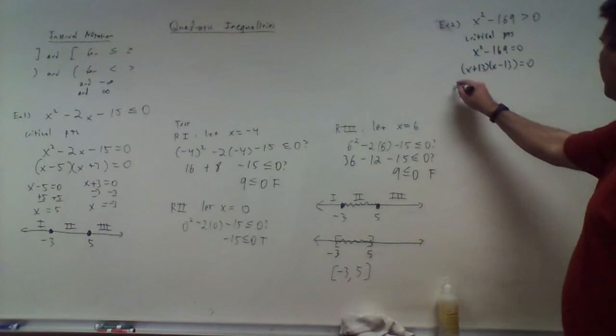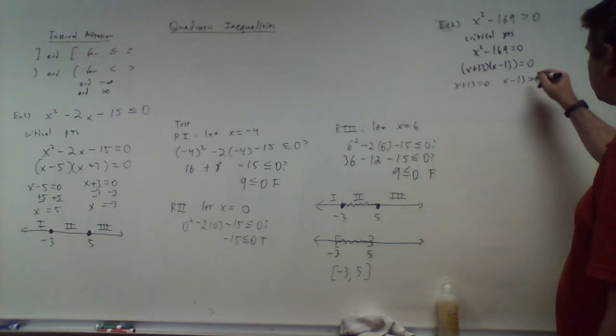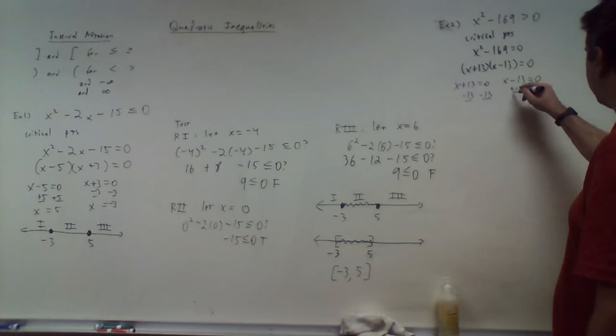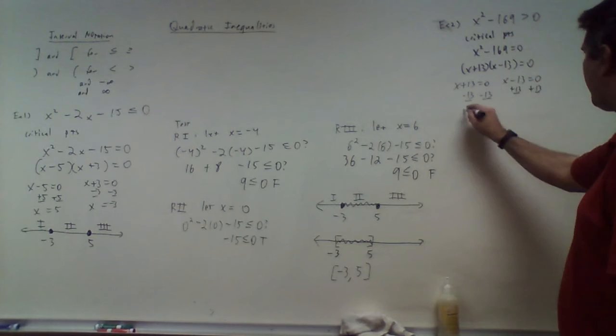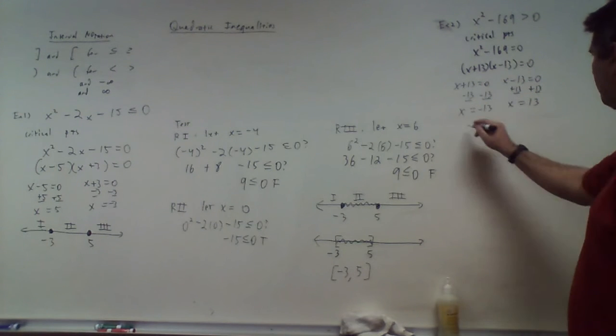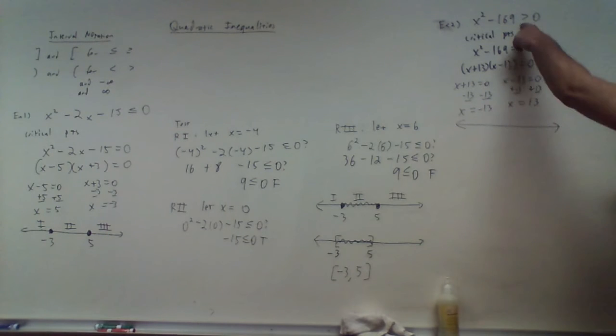So we have x plus 13 equals 0, x minus 13 equals 0. Subtract your 13, add your 13. We have x is equal to negative 13 and x equals 13. And these are going to get open dots because of this sign.